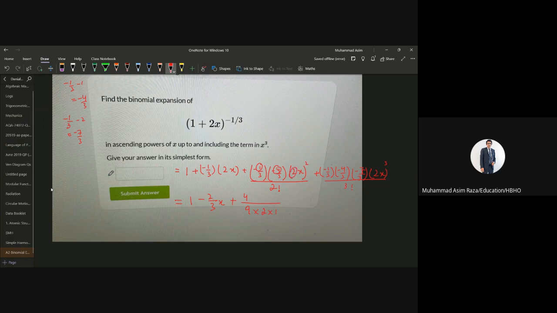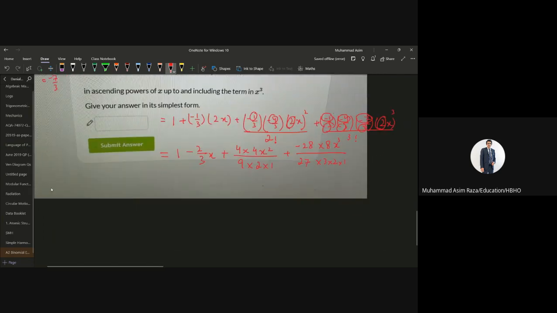And then we have this 2 square, which will also become positive 4x square. Plus, you see here we have negative 1, negative 4, negative 7. So it will become a negative 28, because there are 3 negative signs. And 3 cube, which is 27. And then we have 3 factorial as well, which is 3 times 2 times 1. And then this 2 cube means we have 8x cube as well in there.